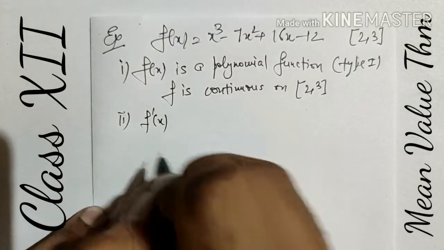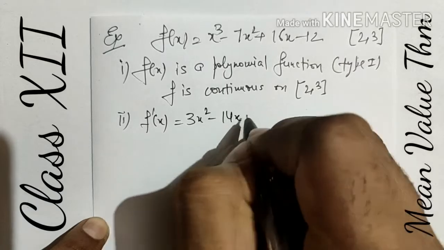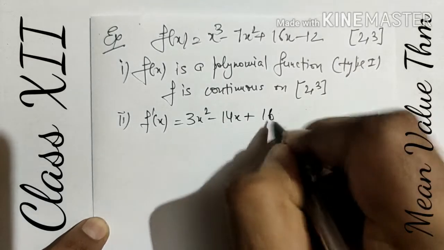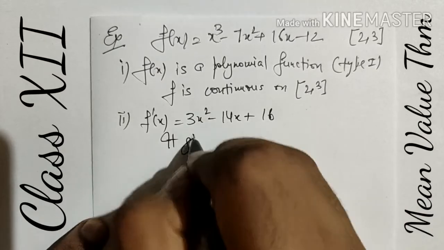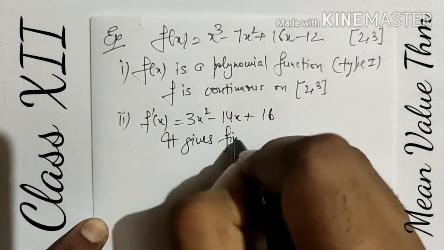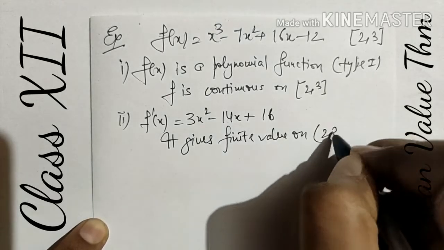Now for the second step, we have to take the derivative. It becomes 3x square minus 14x plus 16. If we replace the value, it gives a finite value on the open interval.